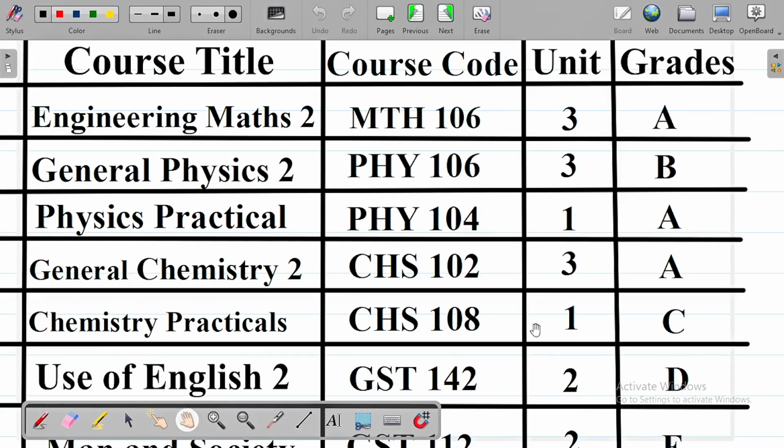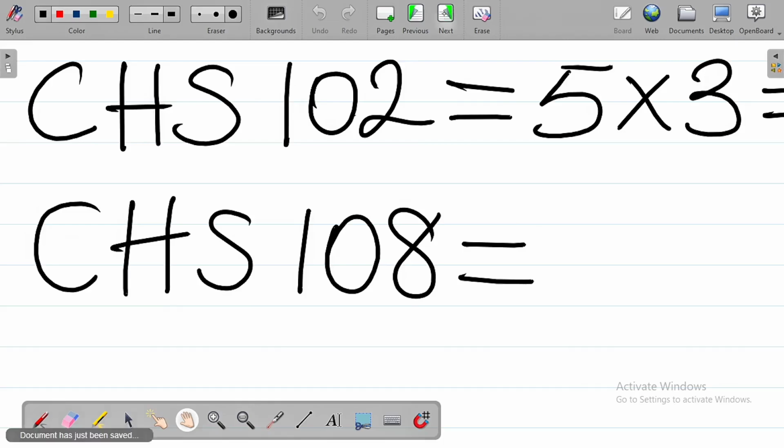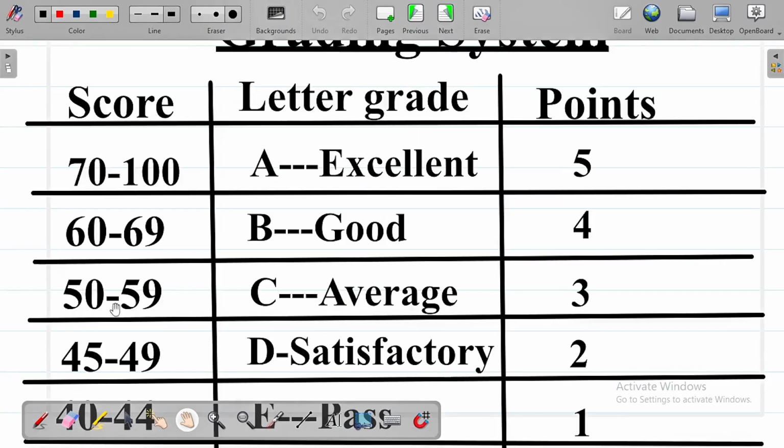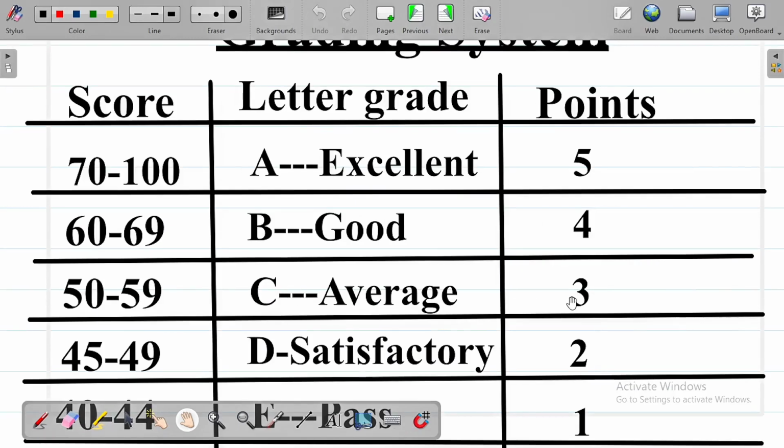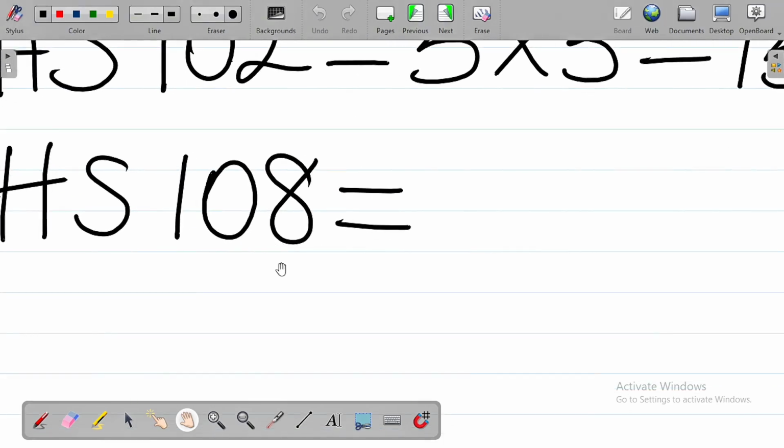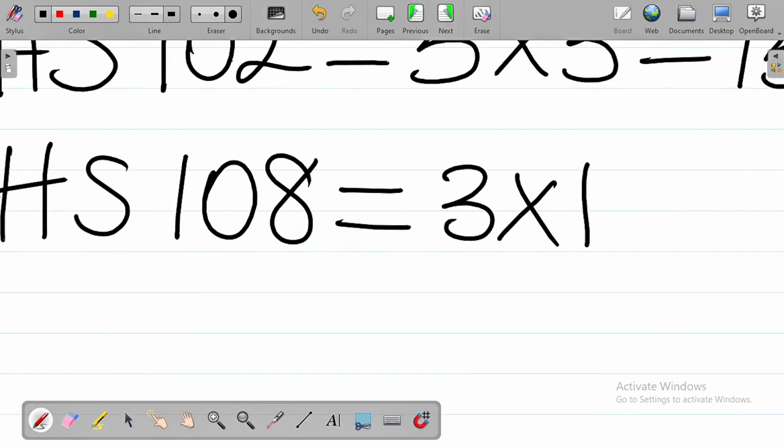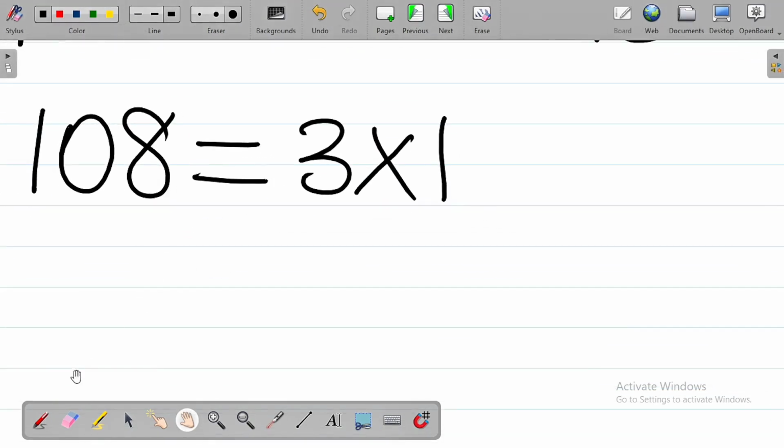Chemistry Practical is a 1-unit course, and the student has C. Remember, 50 to 59 marks is C, and C is 3 points. So we have here 3 multiplied by the unit. The unit is 1. So 3 multiplied by 1 is 3.